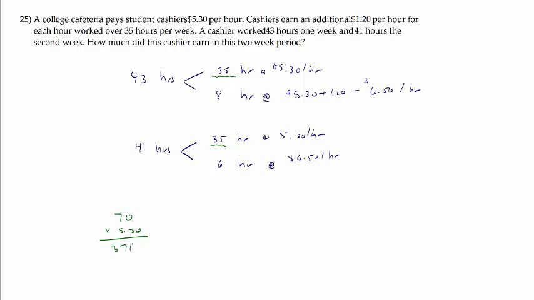You should use a calculator for that. And then for the overtime, I got 8 hours and 6 hours. So 14 hours is going to be paid at $6.50 per hour. 14 times $6.50 gives me 91. So the cashier's total for those 2 weeks is $371 plus 91, so $462.